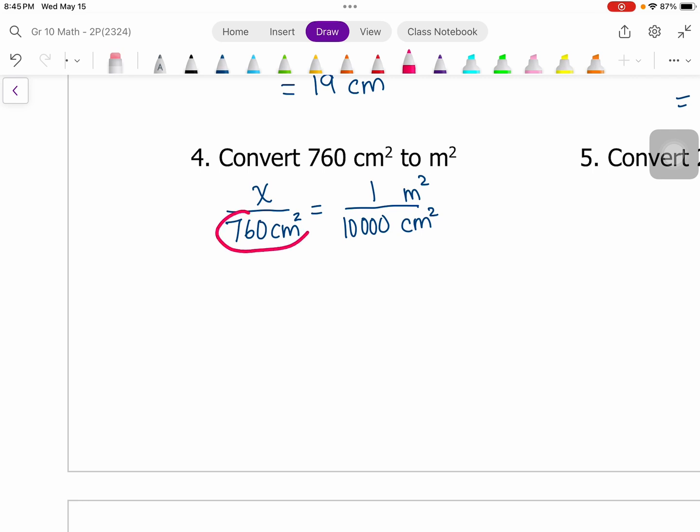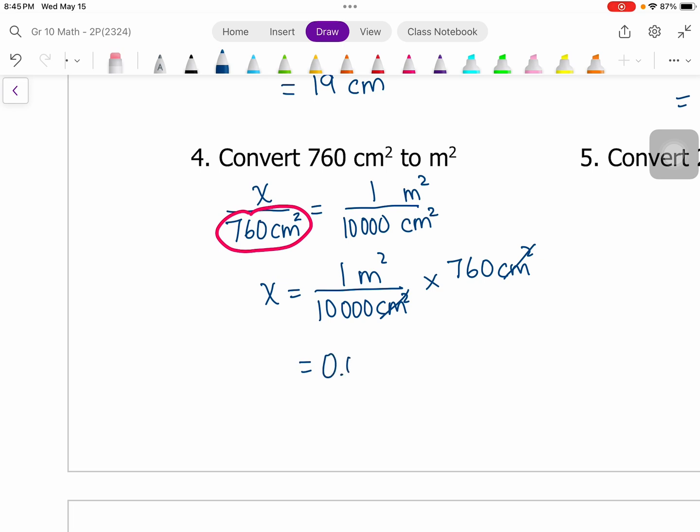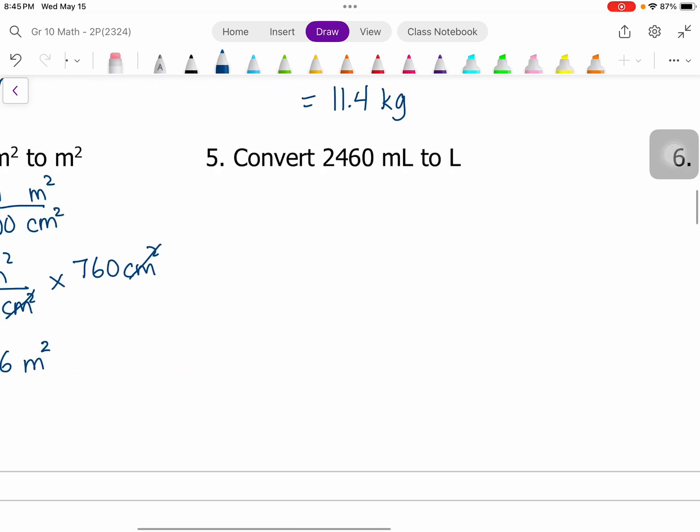So we'll multiply that to move it over. So x is equal to 1 meter squared per 10,000 centimeters squared times 760 centimeters squared. Those units will cancel. 1 divided by 10,000 times 760 is 0.076 meters squared.